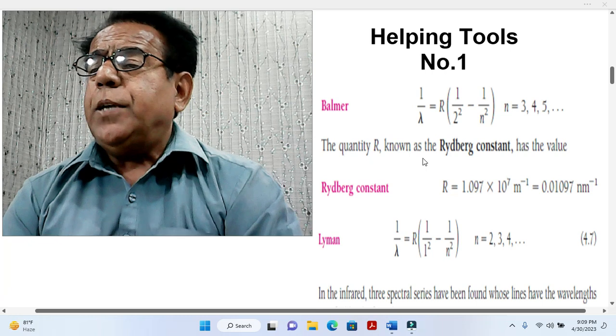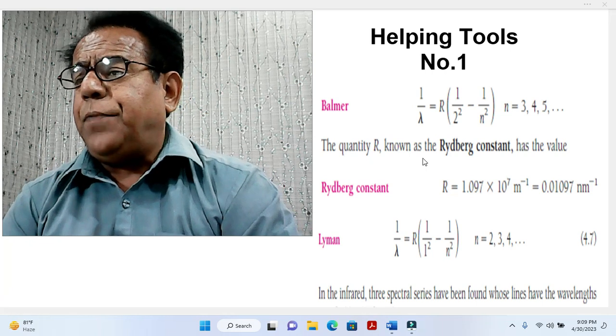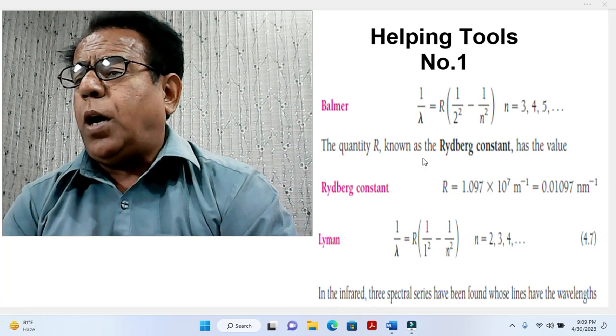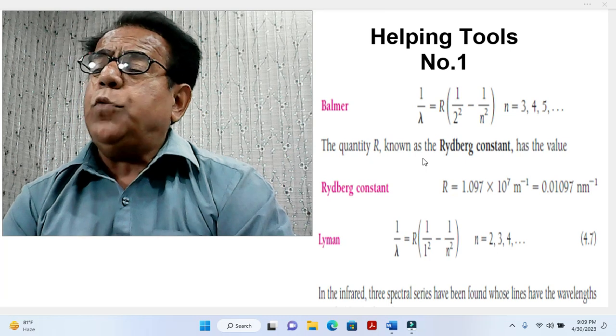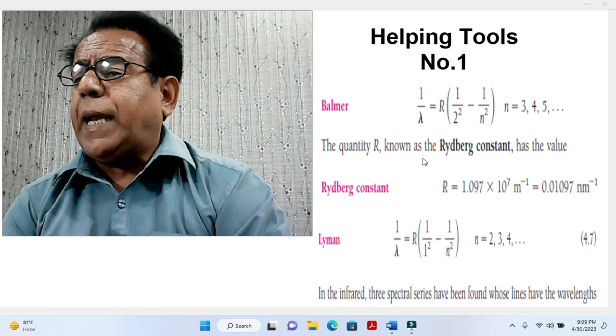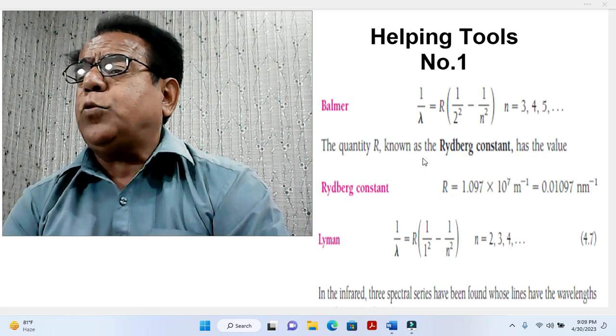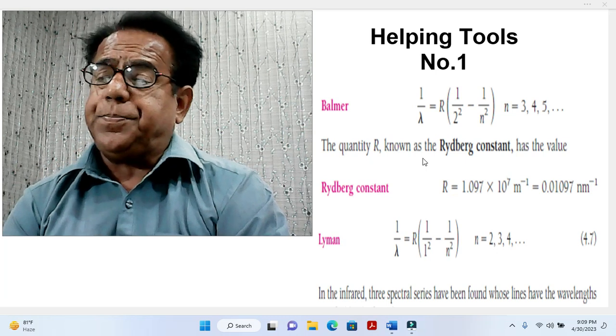Tool number 1 says Balmer: 1 over lambda is equal to R times 1 over 2 square minus 1 over n square, where n is equal to 3, 4, 5.